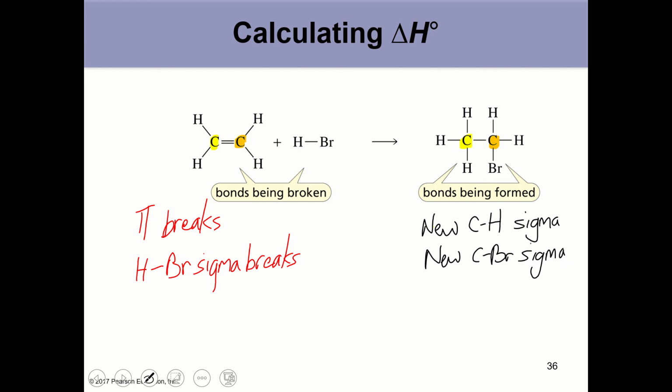We have a chart that gives us the enthalpy of pi bonds, of H to Br sigma bonds, of carbon to hydrogen sigma bonds, and of carbon to bromine sigma bonds. You will use this chart to determine the enthalpy of reaction for the conversion of ethene to bromoethane.